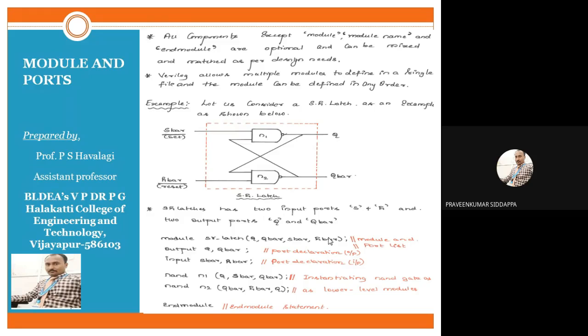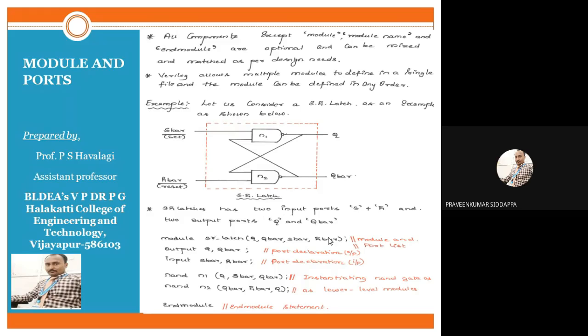How many gates have we used here? Two NAND gates. Because of that, in your program we should write the NAND keyword twice. Those are the operators. This is called a gate level description, or otherwise a structural description.